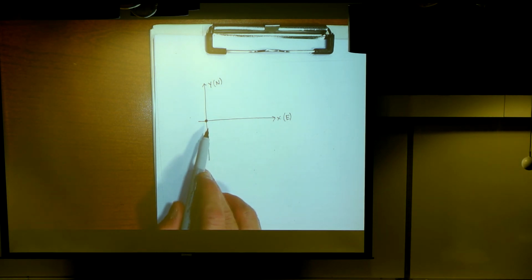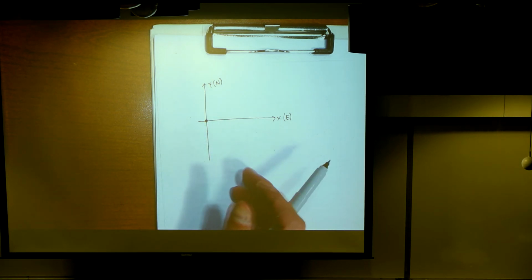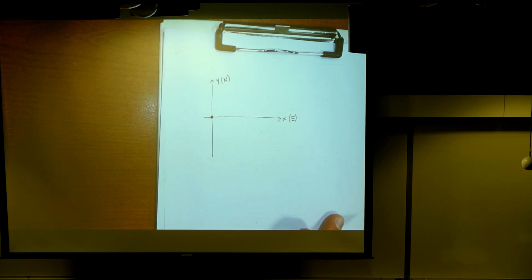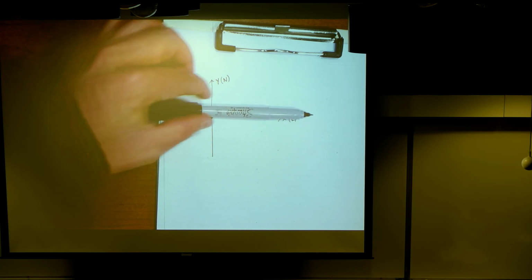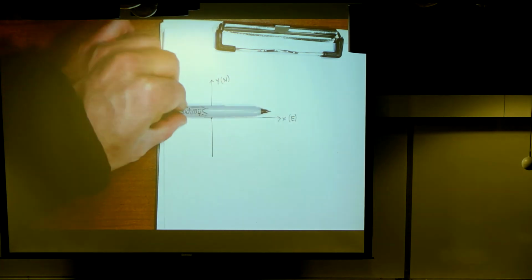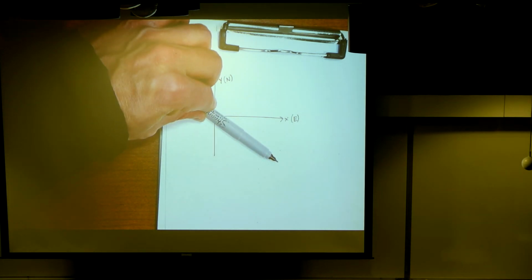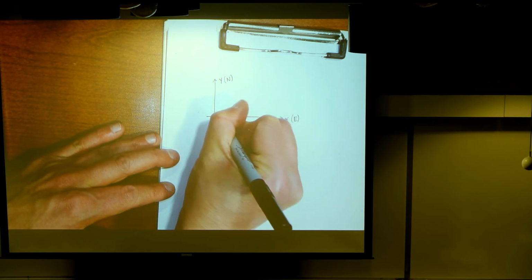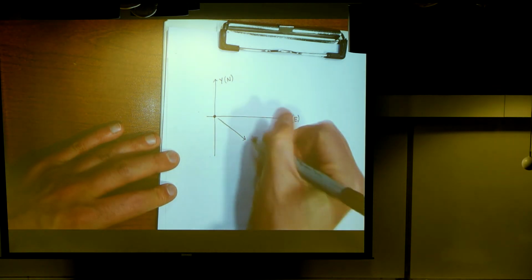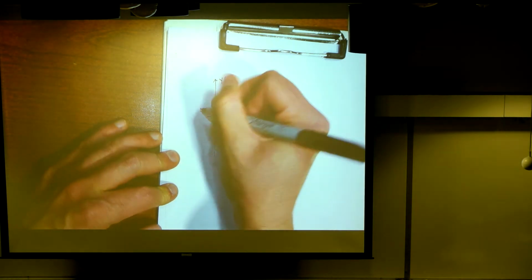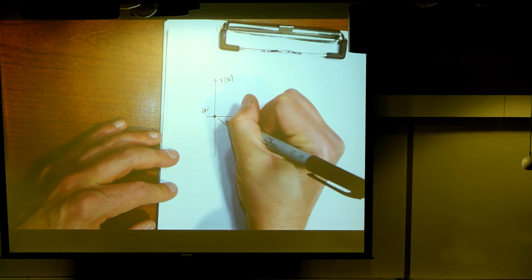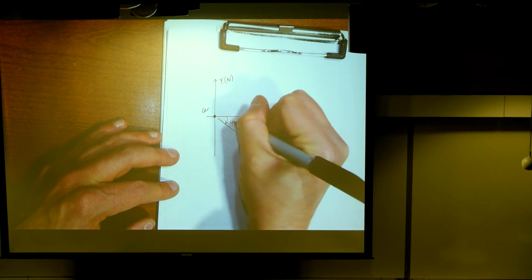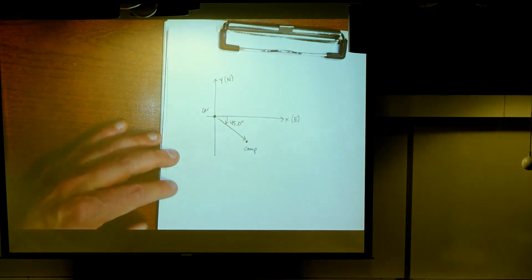So we head in a direction 45 degrees south of east. What does that mean? If we want to measure the direction, start here, pointing east, and then go 45 degrees south from there. So the first vector is going to be pointing like this, and it's going to take us to our campsite. This is the car, this is the campsite. The vector that takes us there is going 45 degrees south of east.